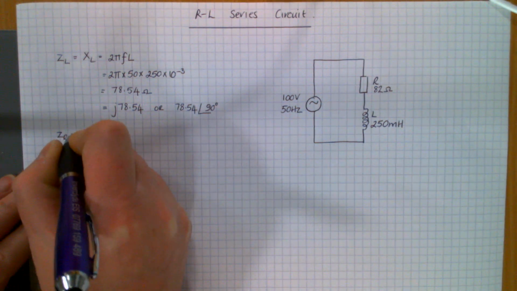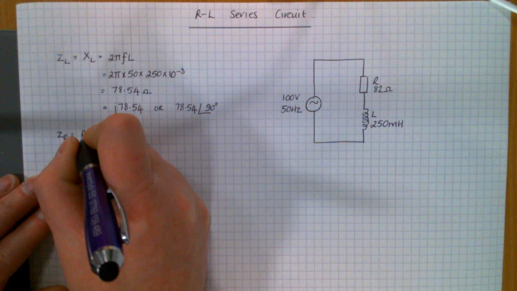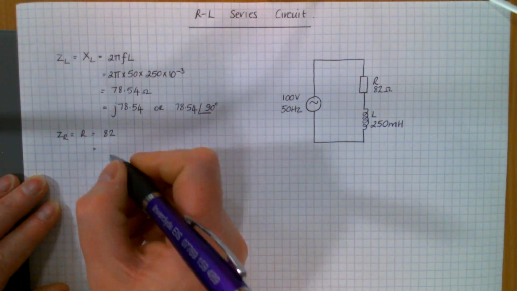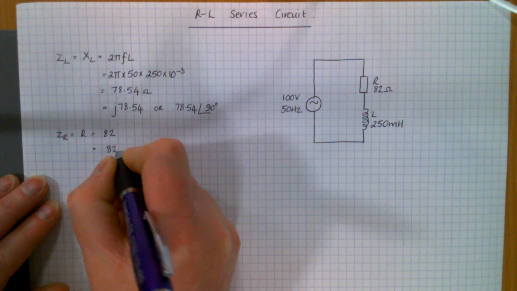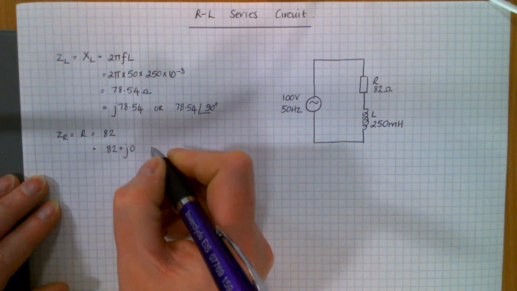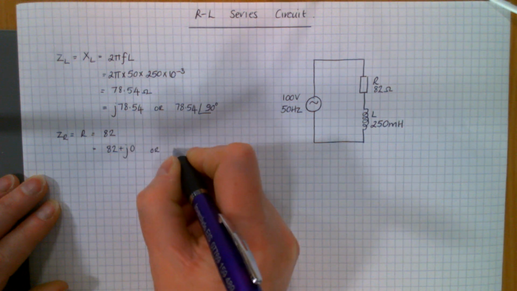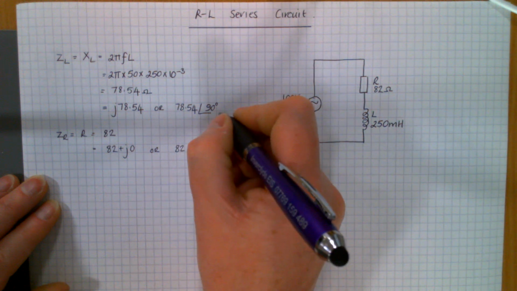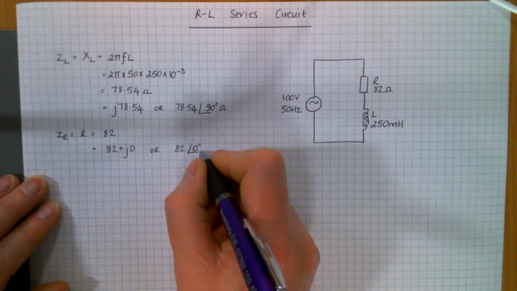Your impedance of your resistor is just the value of the resistance, that 82 ohms. Now that, as a rectangular number, is 82 plus J0 if you like, or 82 at an angle of 0. These are all in ohms.